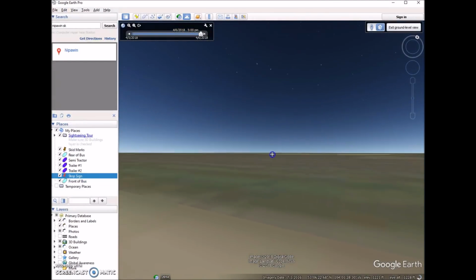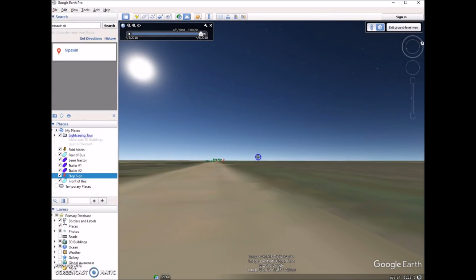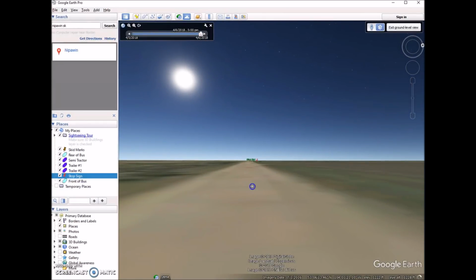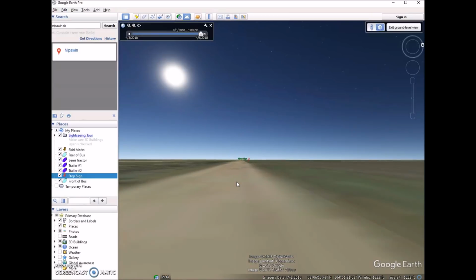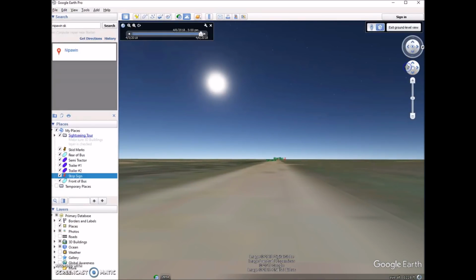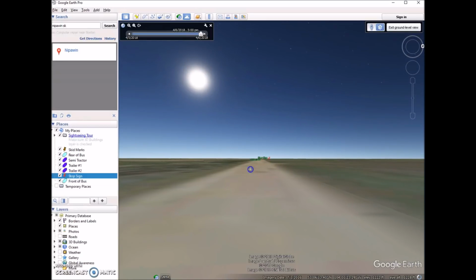Okay, it's not street view, but there we have it. Driving down this road, and you can see I've got some things marked ahead of me. Driving down this road, there is the sun exactly at that position.